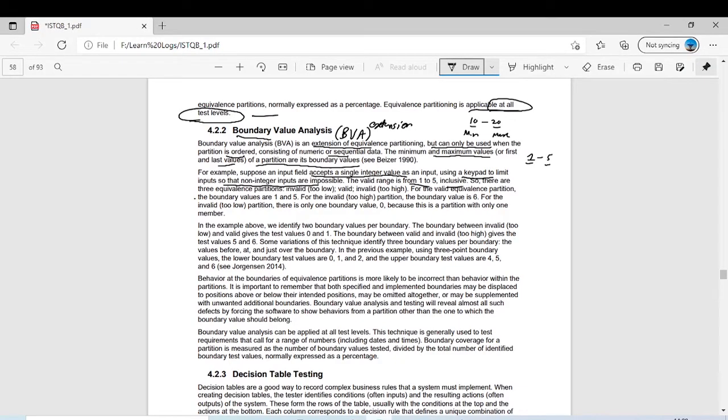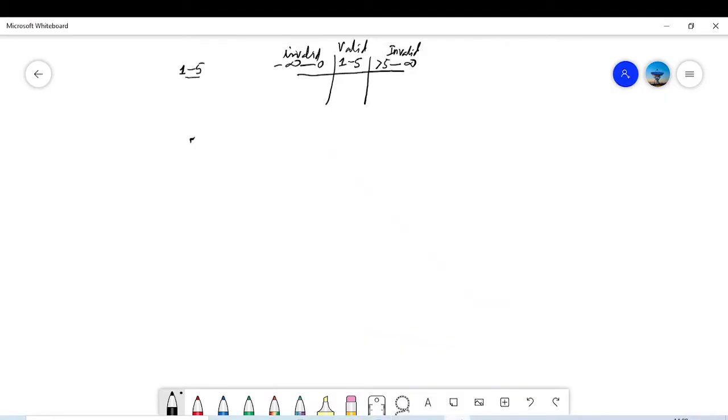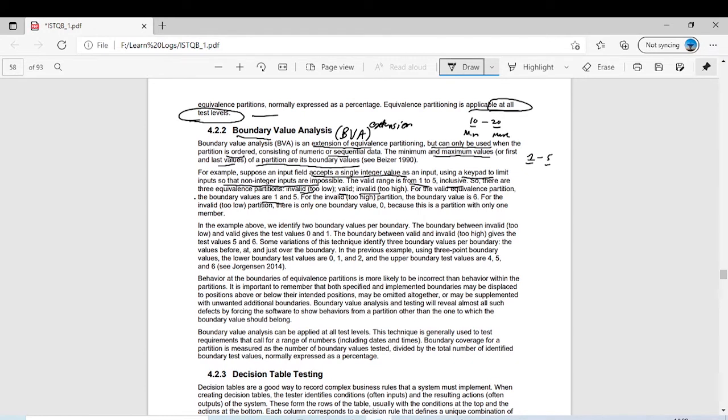So there are 3 equivalence partitions: invalid too low, valid 1 to 5, and invalid too high. For the valid equivalence partition, the boundary values are 1 and 5, as we have already seen in this example. For the invalid too high partition, the boundary value is 6.